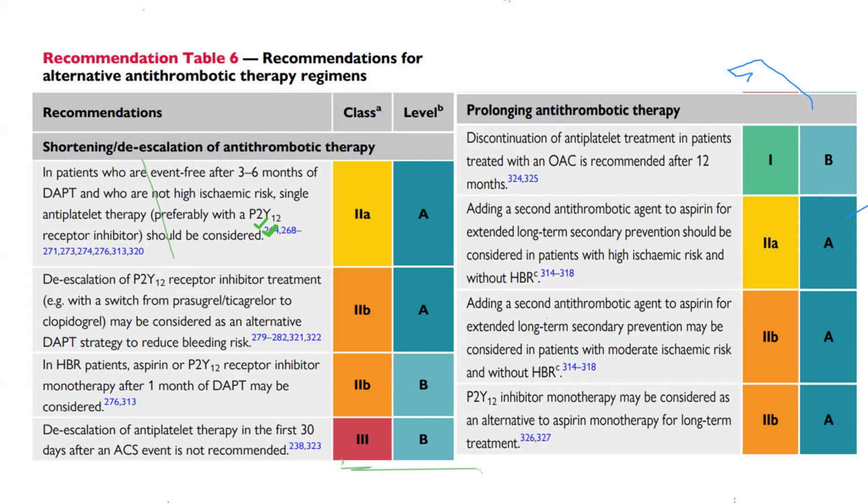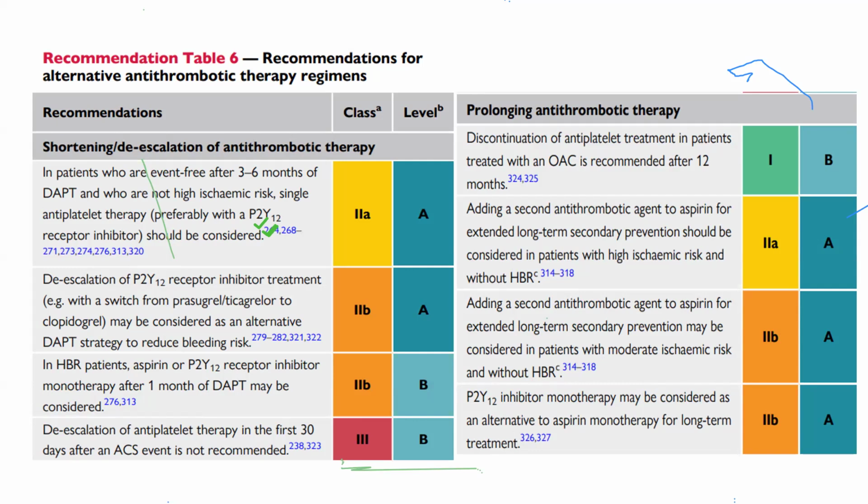Adding a second antithrombotic agent to aspirin for extended long-term secondary prevention should be considered in patients with high ischemic risk without high bleeding risk. So after 12 months, you still want to continue your aspirin with clopidogrel or aspirin with another antithrombotic agent.